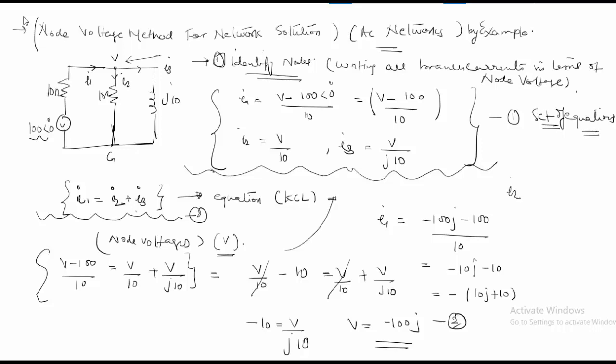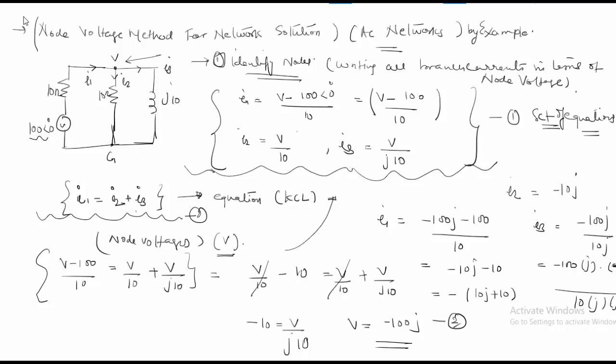And my I2 is equal to minus 10j by substituting the value here, and my I3 is equal to minus 100j divided by 10j, which is minus 100 of j into minus j divided by 10 of j into j.